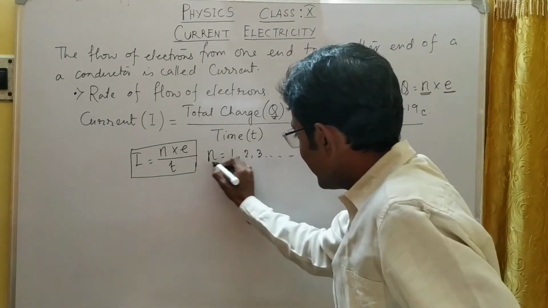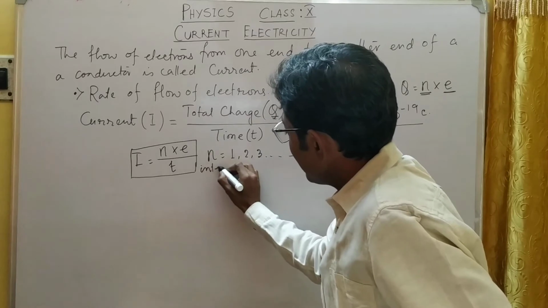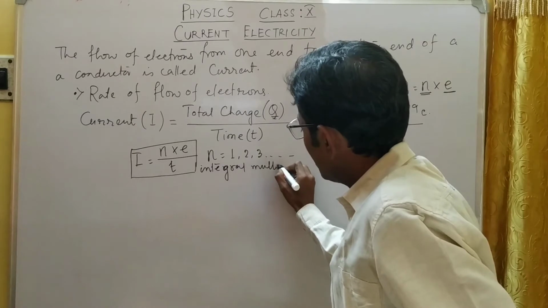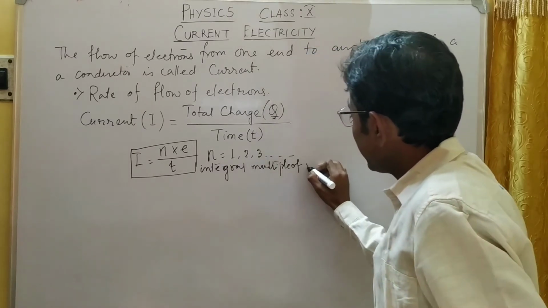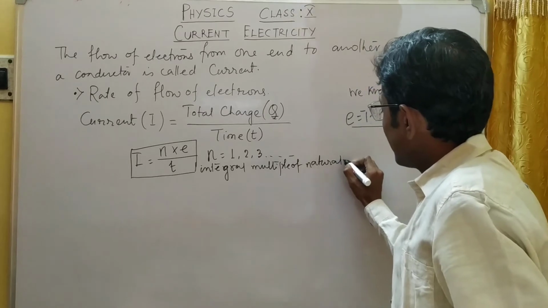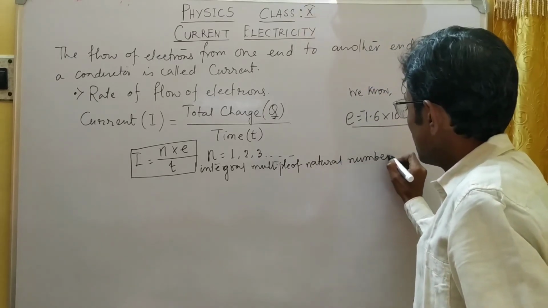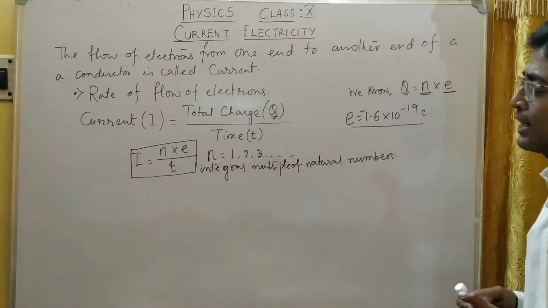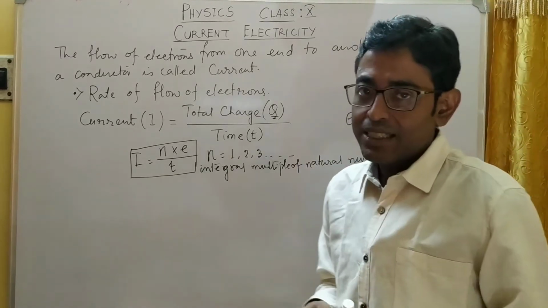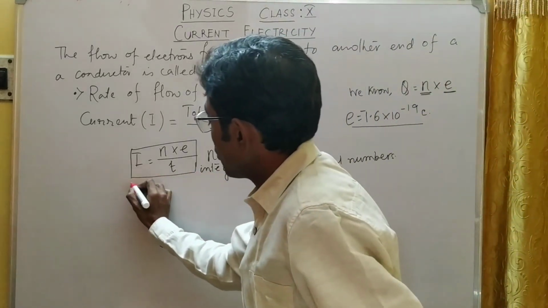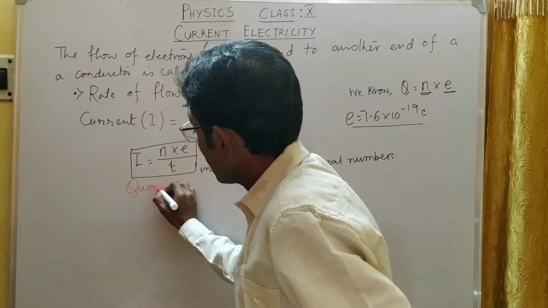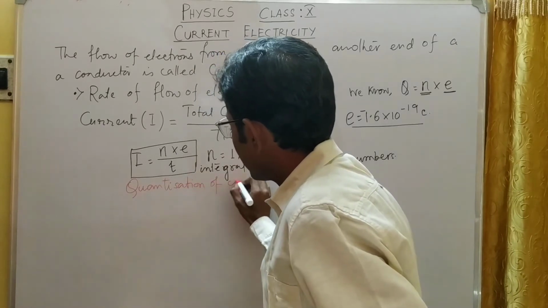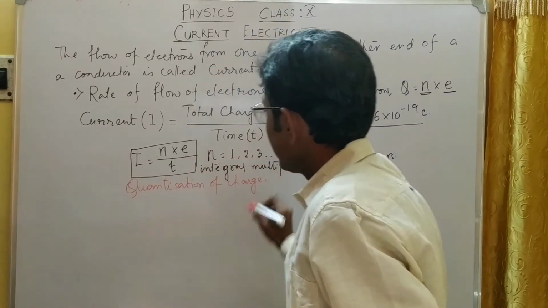An electron cannot flow by a fraction. This is called quantization of charge.